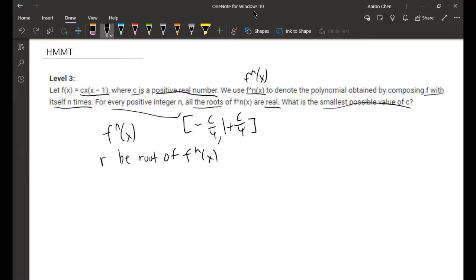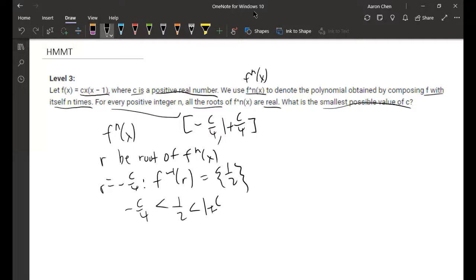Now if we let r be equal to negative c over 4, then the inverse of f of r is just this. And what this tells us is that negative c over 4 is less than 1/2 is less than 1 plus c over 4. And this is because c is positive.